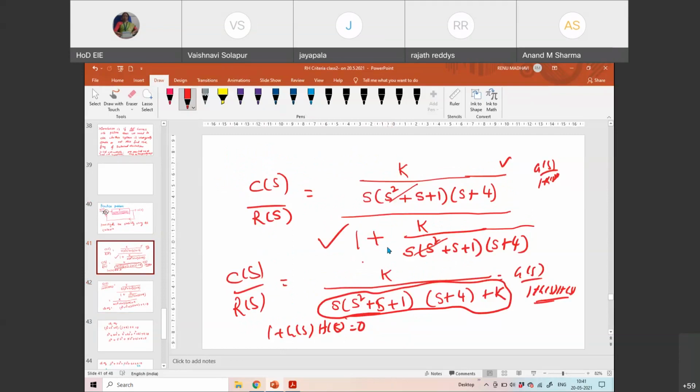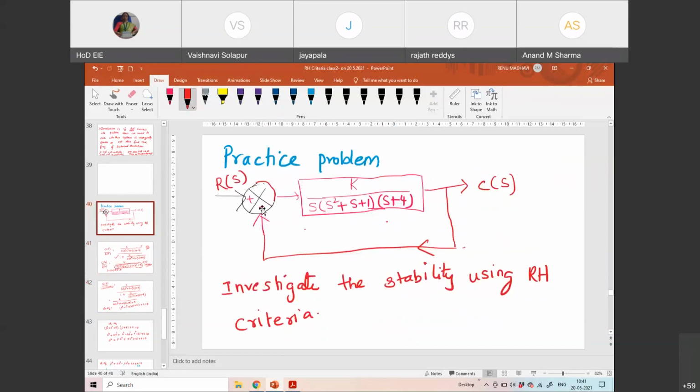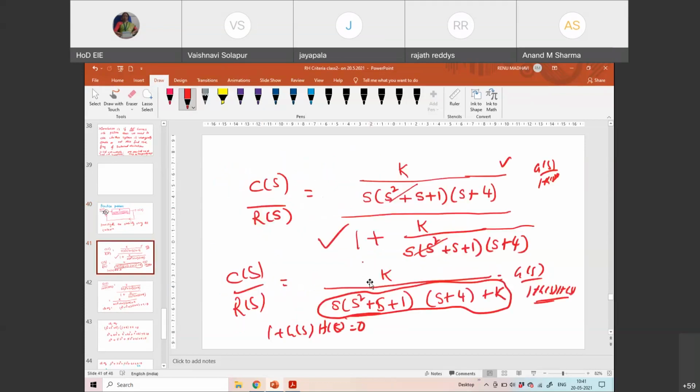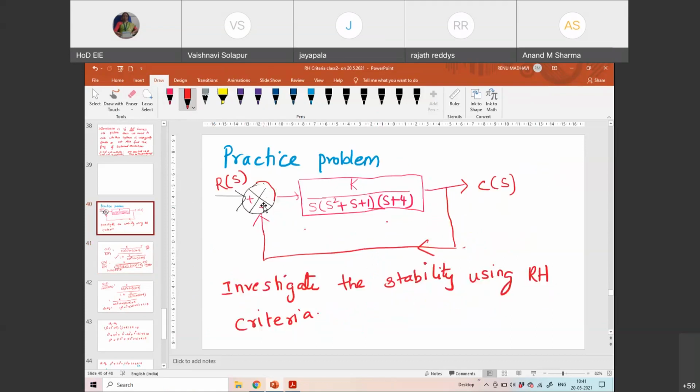Unity gain negative feedback. If it is a negative feedback, then whatever value of H(s) you take, your equation should have a positive sign. And if it is a positive feedback, it should become a negative sign. If negative feedback, unity gain, is mentioned like that, or indicated in the block diagram like that, you have to take it as 1 plus. Had it been indicated as a plus sign, then you have to take it as 1 minus k by something.